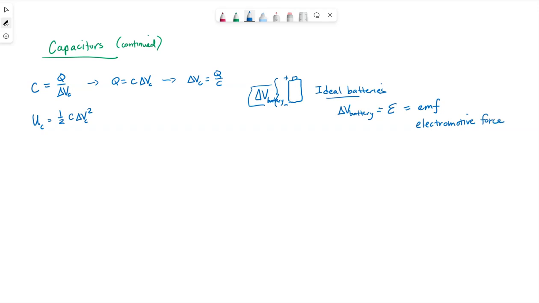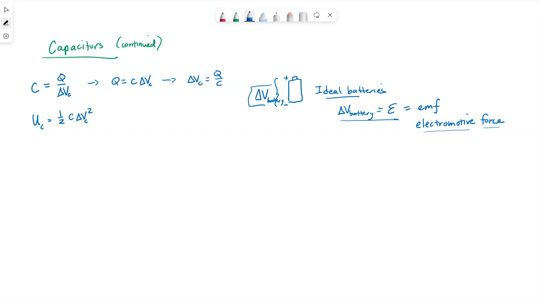This was the terminology in Benjamin Franklin's time that they came up with because they recognized there was something that was making charges move. And so that's the term, electromotive, charges moving, force. So something was exerting a force of some sort, causing charges to move, and that was what they decided to call it. It became abbreviated as EMF, and we now often use it to represent an ideal battery.